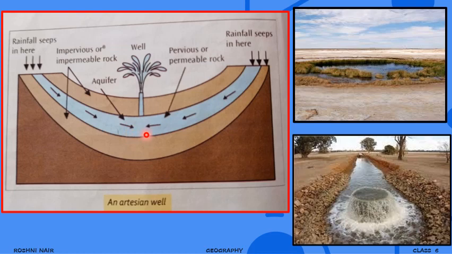Aquifer is a layer of rock which holds the water and also allows the water to pass through it. And when the well is bored into this aquifer, the water which is already under pressure will gush out spontaneously. That's how the water comes out.